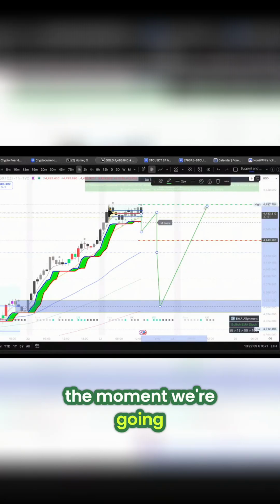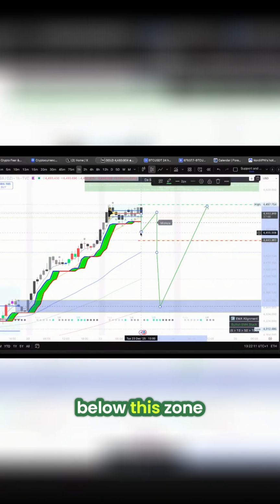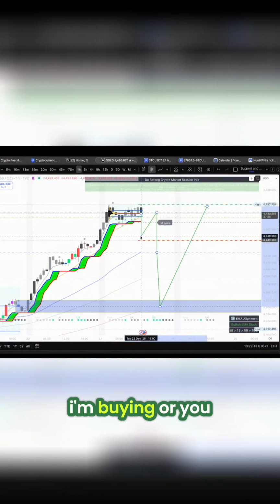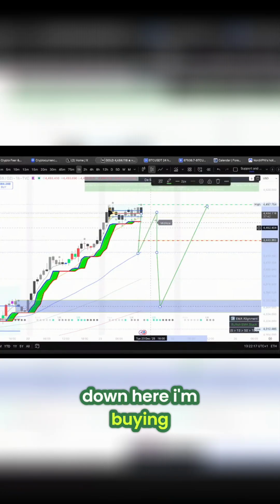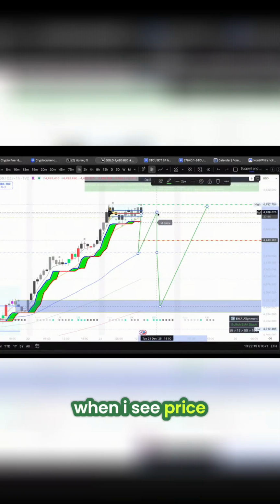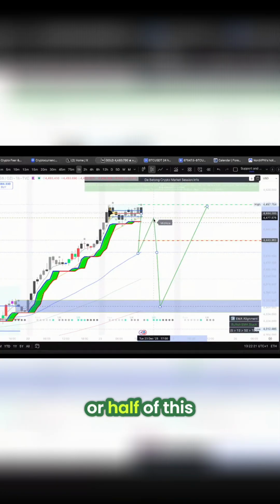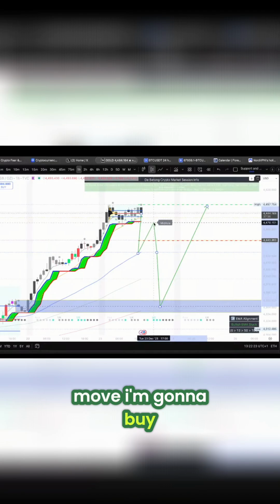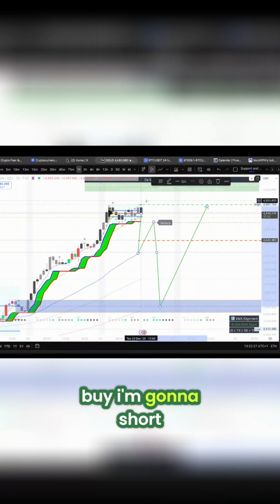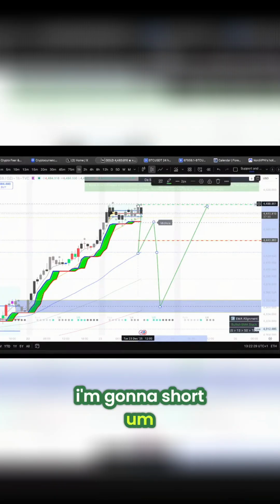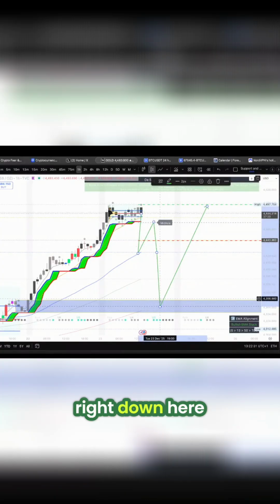So the moment we break and close below this zone, I'm buying, or it can just come straight down here. I'm buying when I see price get back here, or half of this move. I'm going to buy, something like this. Then my stop loss above. Not buy, I'm going to short gold right down here.